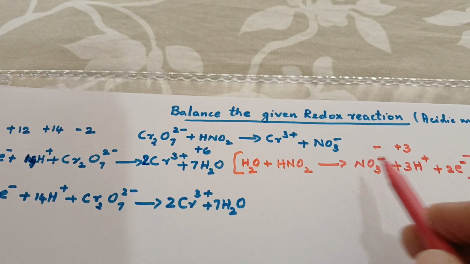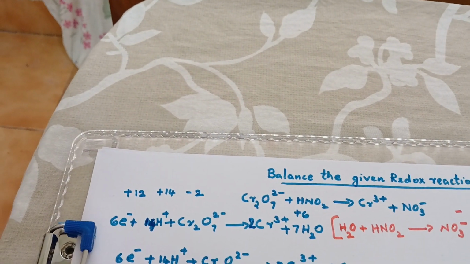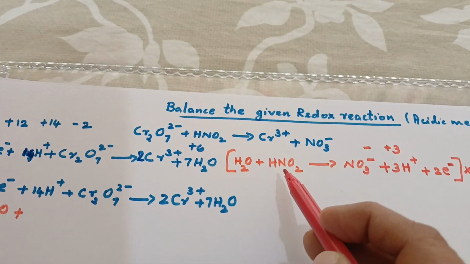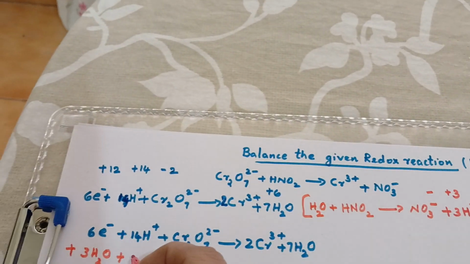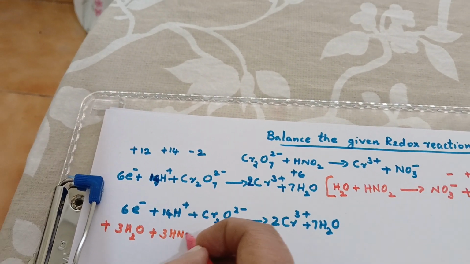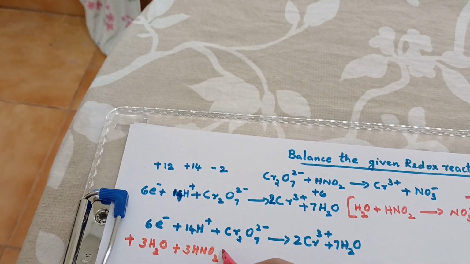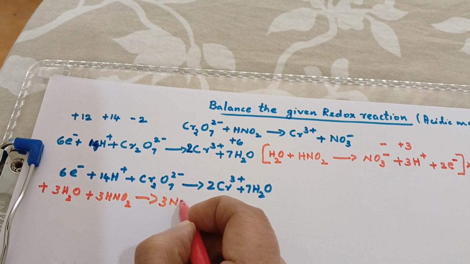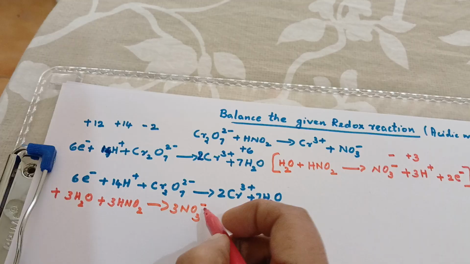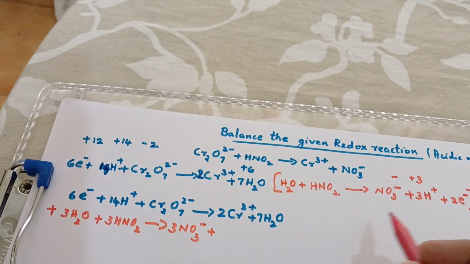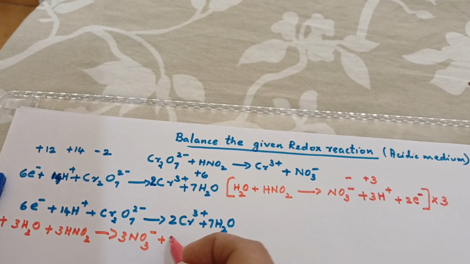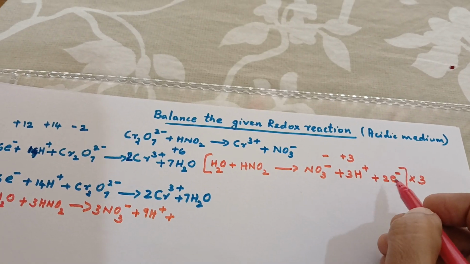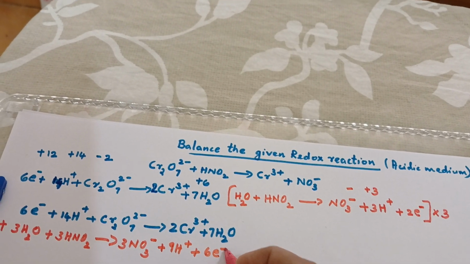So 3 into H2O, that will be 3H2O plus 3 into HNO2, 3HNO2, giving 3NO3- plus 3 into 3, 9H+, plus 3 into 2, 6e-.